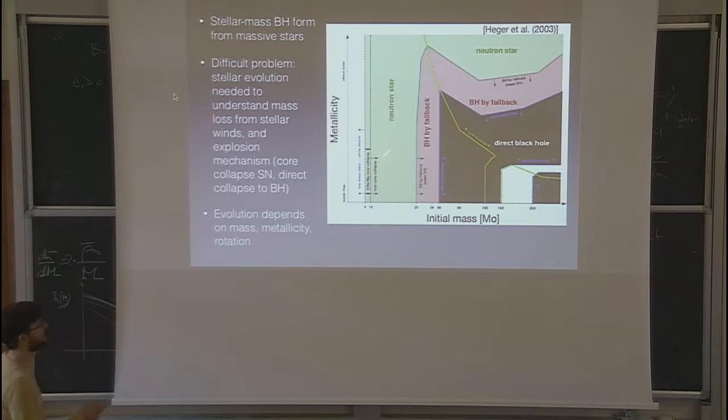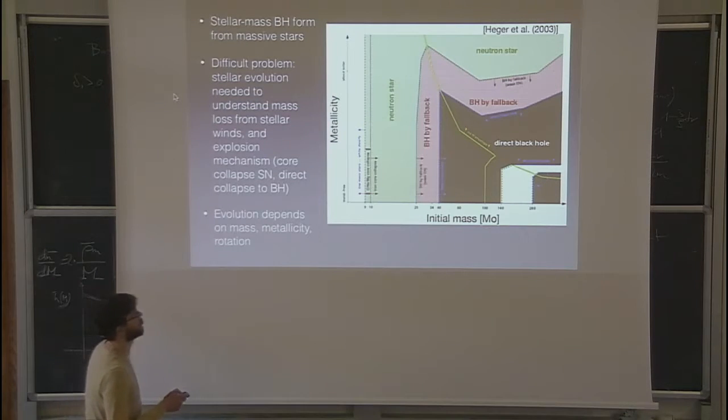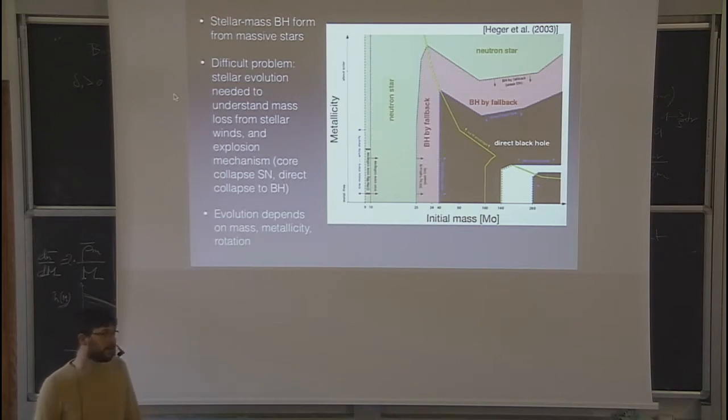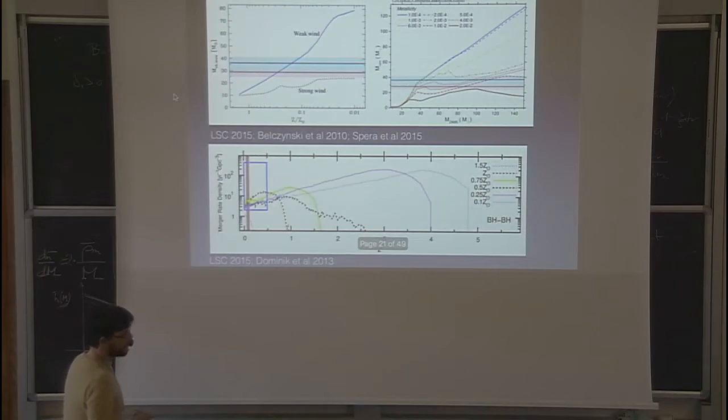This plot here, which dates back to more than 15 years ago, is for isolated stars. You need to do this in a binary. There are no hydrodynamical simulations of stellar evolution for binary systems. So it's a very tough problem, and this is why I think it's fair to say that we don't understand this problem well.